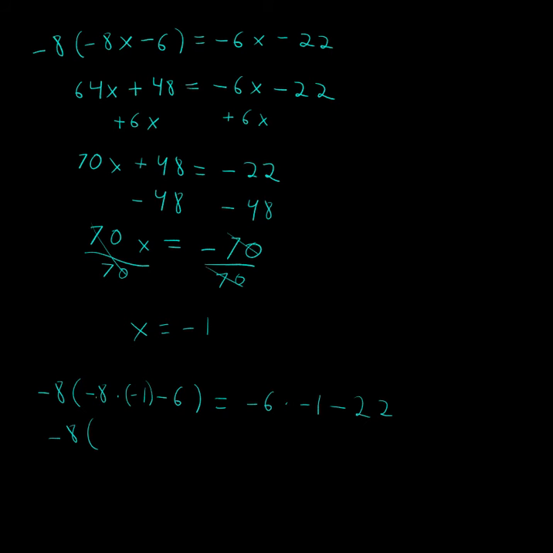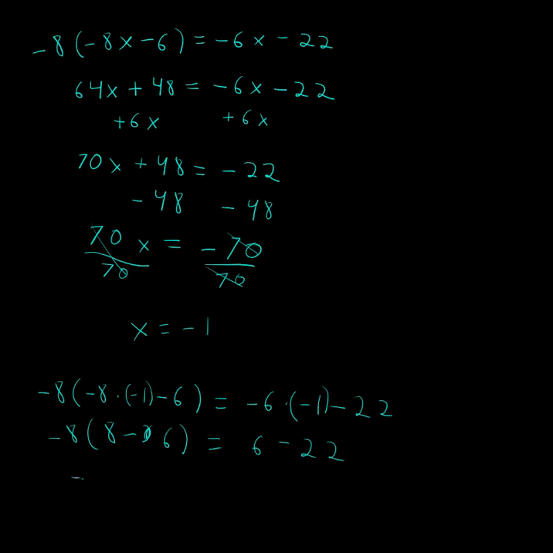So negative 8 times negative 1 would be 8, minus 6, equals negative 6 times negative 1, so that would be 6, minus 22.